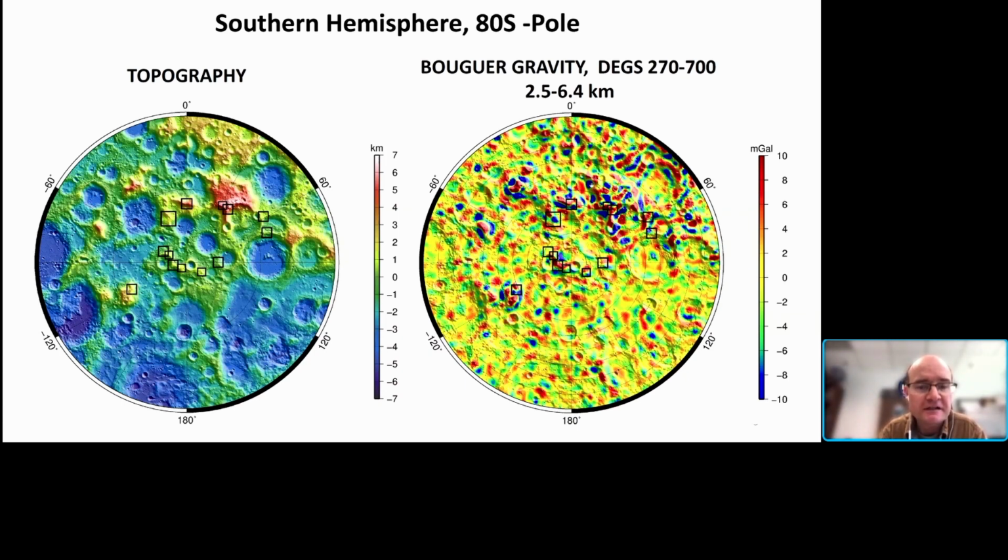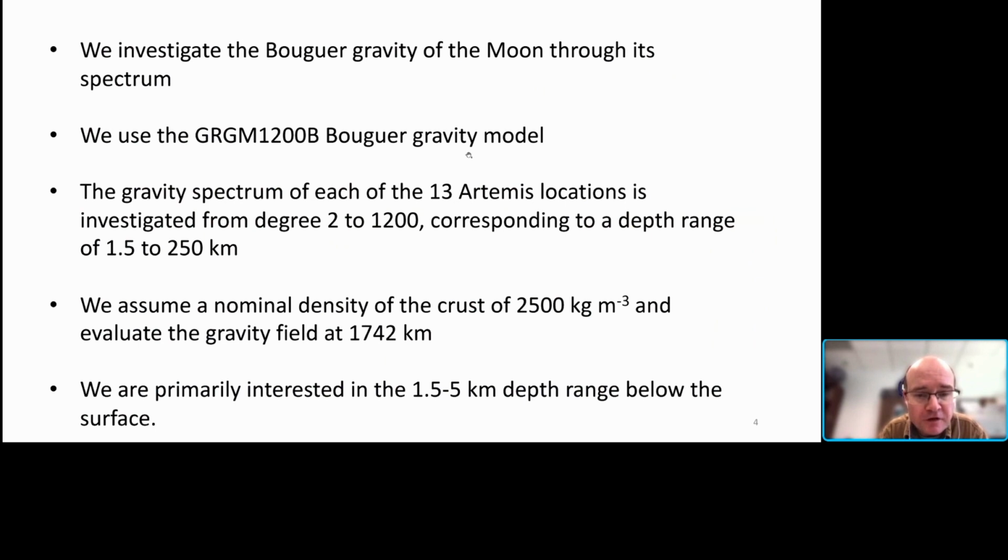So our data sets, as said, are Bouguer gravity of the moon, and we're going to look at gravity spectra that I'll explain. So we used the latest model that we developed. It's a degree and order 1200 gravity field model, and it's Bouguer, so it's free air minus gravity from topography, for which we use a nominal density of the crust of 2500 kilograms per cubic meter.